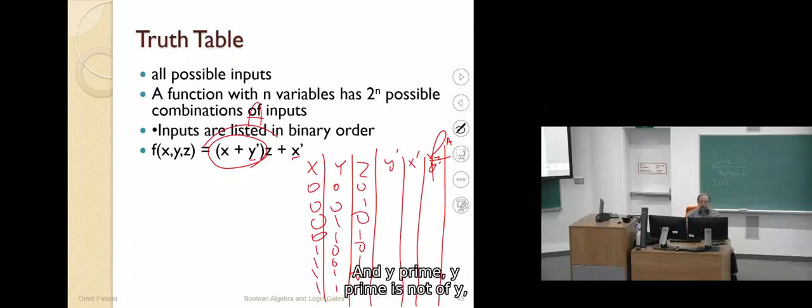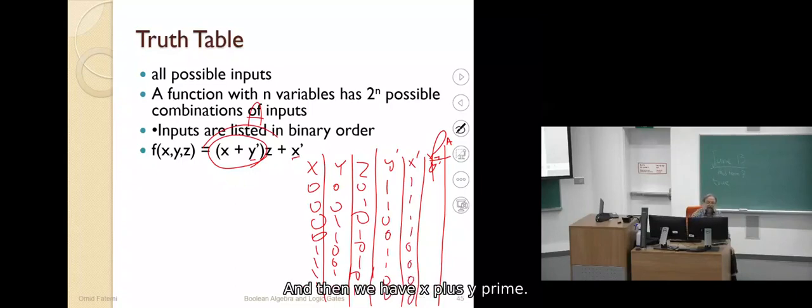Okay. And y prime is not of y. So y is 0, 0, 1, 1, so y prime is 1, 1, 0, 0, 1, 1, 0, 0. And x prime is not of x, so x prime is 1, 1, 1, 1, 0, 0, 0, 0.